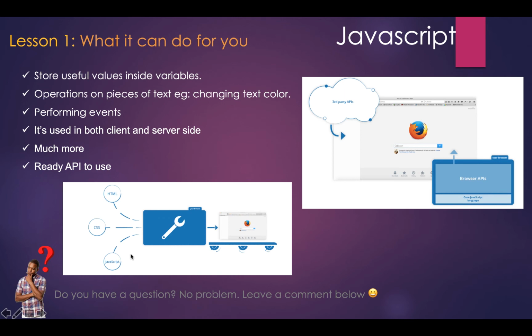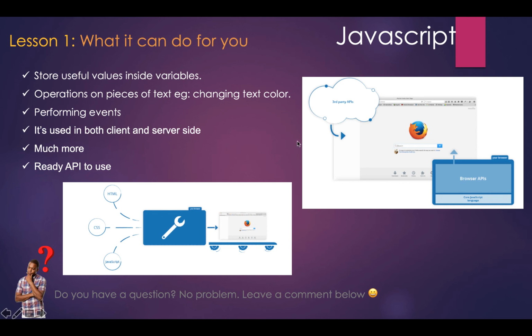Okay, so if you look at these pictures, the browser is the environment where we are going to run our JavaScript. And it says that it has some third-party APIs. I don't want to bore you with the third-party APIs for now. So take it that JavaScript can help you to store variables. I'll talk about variables after this section, and operations on pieces of text.